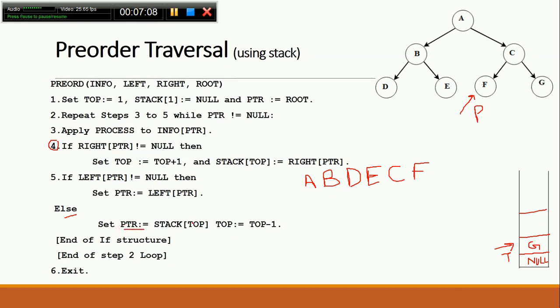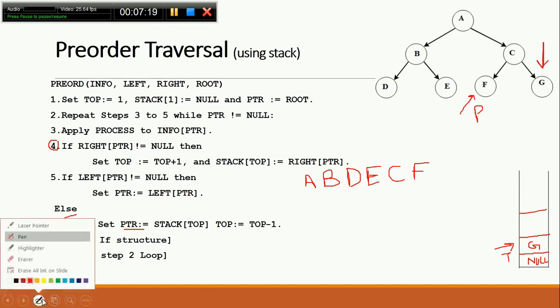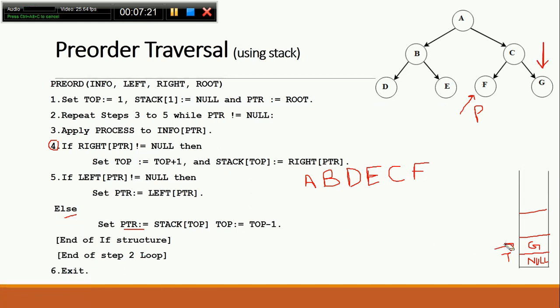Else part says whatever you have in the stack top, copy to the PTR. So the PTR will now point to G, okay, and top is equal to top minus 1. Okay, and then the top will point to this particular node, null.